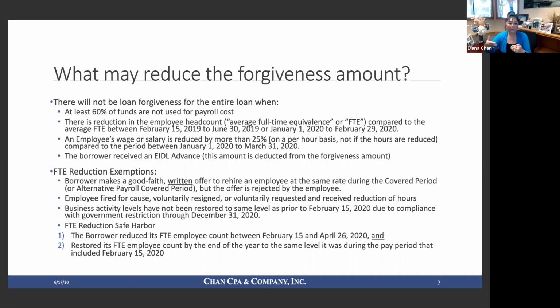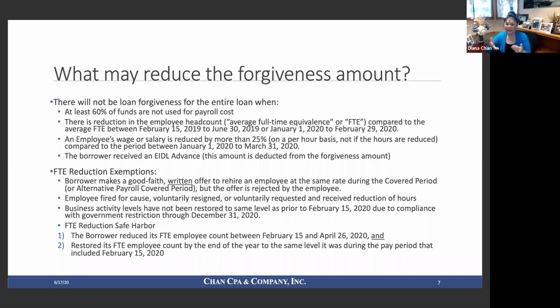Number 2, if you don't meet the 60% of funds used for payroll criteria, then if your situation is that your employee headcount is not equivalent to the most current during the covered period. And there are 2 different date criteria which we've showed you here.